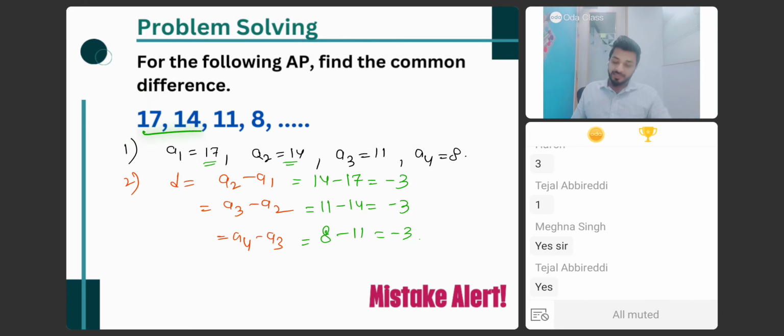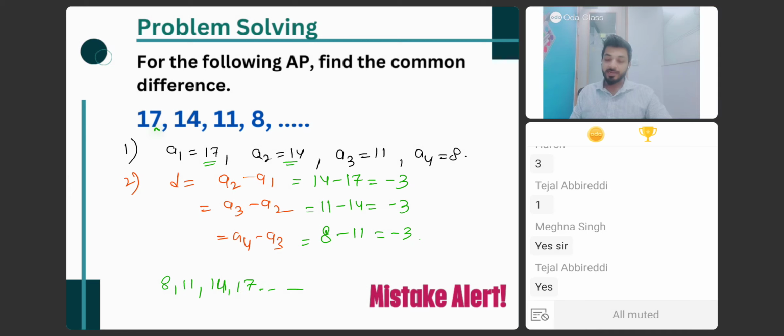So always look. This is an AP. You can see that the numbers are decreasing. पहले 17 था, फिर 14 था, फिर 11 था. When you see this type of AP, a decreasing AP, you will understand that the common difference will be negative. If the AP is like 8, 11, 14, 17, this is called an increasing AP, जिसमें numbers बढ़ रहे हैं. अगर increasing AP है तो उसका common difference will always be positive.